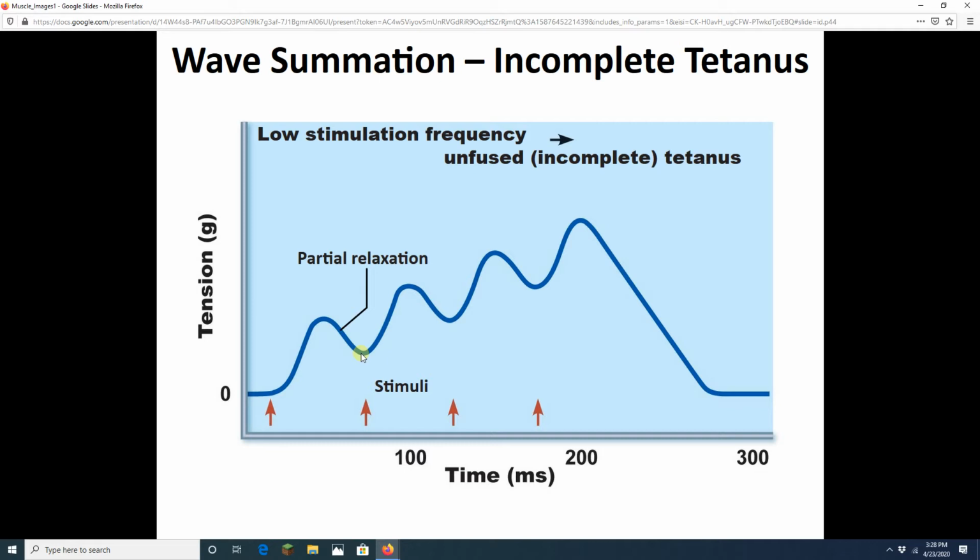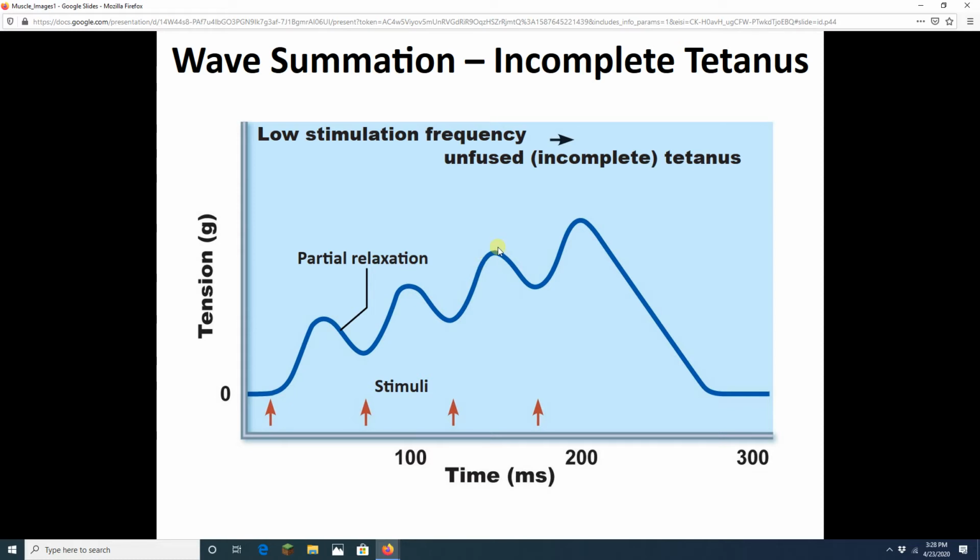And when we do this, we get another contraction, but check it out. First contraction peaked there. Second contraction peaked right there. More tension. And then we relax a little bit more, but we don't let it relax all the way down.